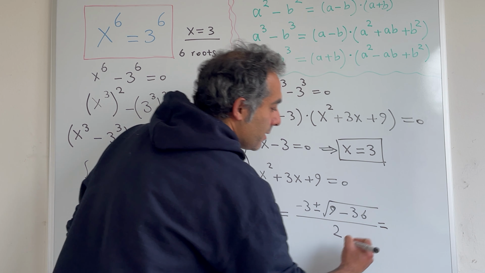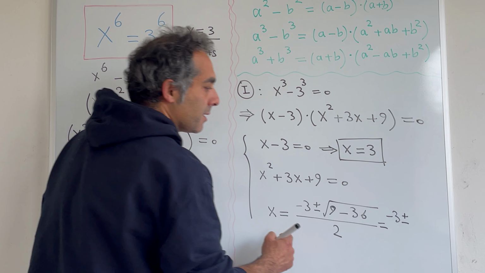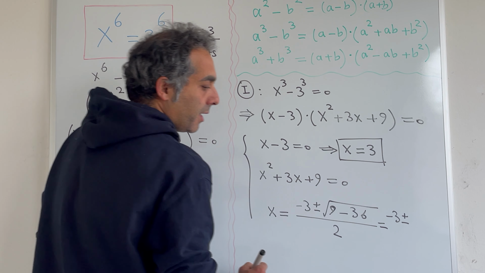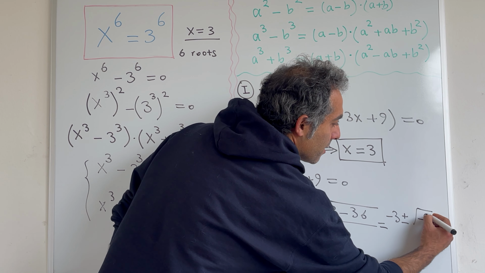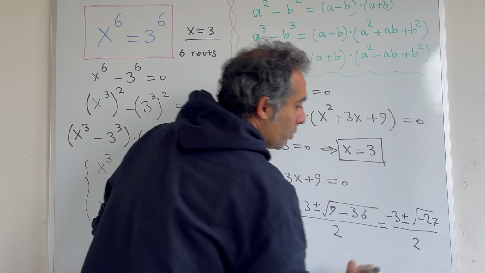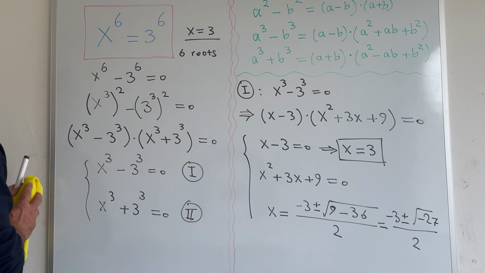So that is minus 3 plus minus the square root of 9 minus 36, which is minus 27, over 2.